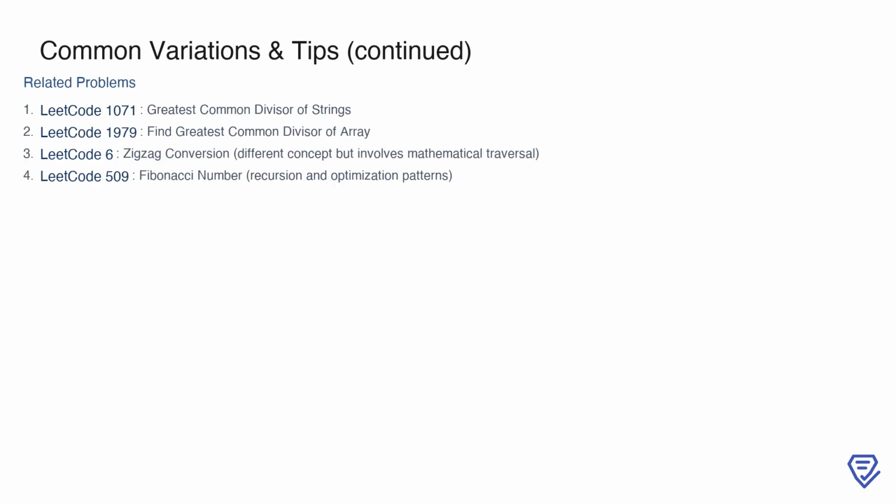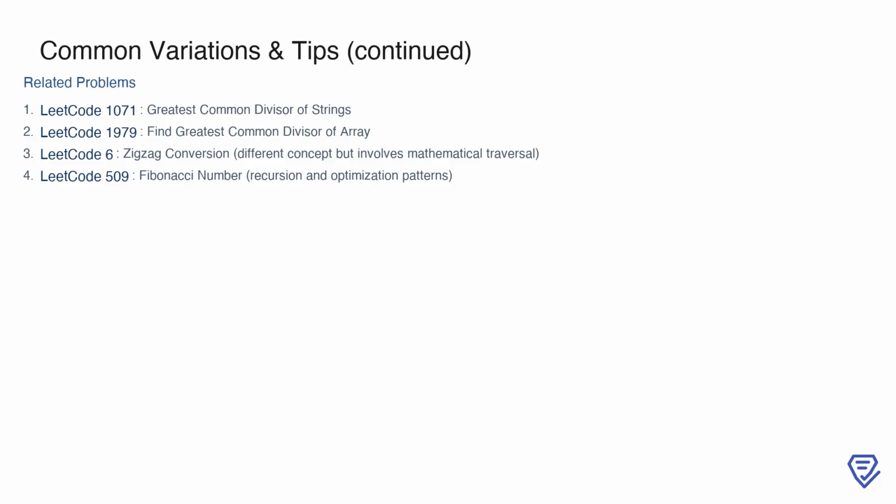This problem is closely related to several others that involve mathematical properties and efficient algorithms. For example, LeetCode 1071, which focuses on finding the greatest common divisor of strings, shares the concept of reducing a problem to its simplest form using GCD principles. Another related problem is LeetCode 1979, which deals with finding the GCD of an array, teaching a similar optimization mindset.